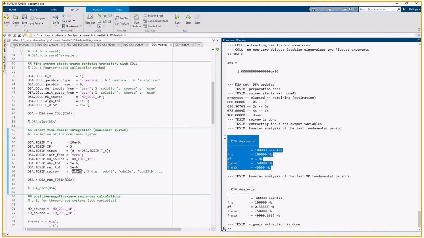This is the detail of this Fourier analysis, DFT being discrete Fourier transform. We see that over the considered vector for this particular analysis, the one of the last fundamental period, a number of samples have been used. This is equivalent to a specific sampling frequency.